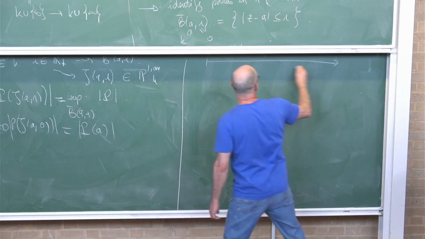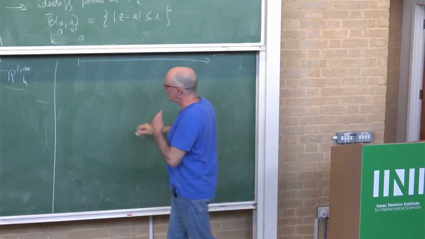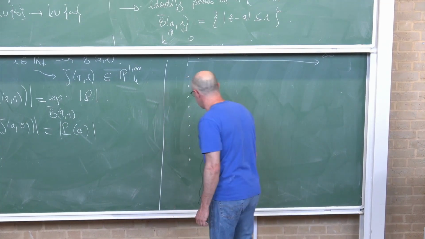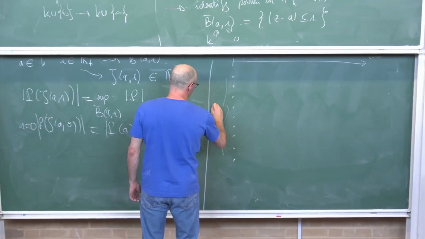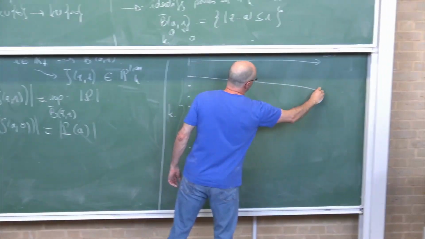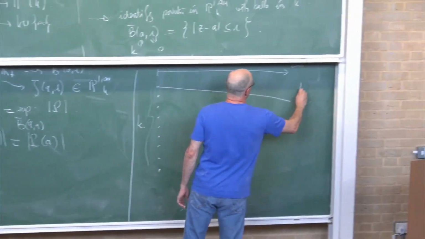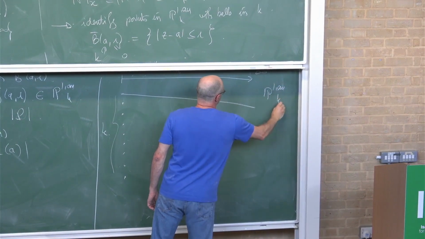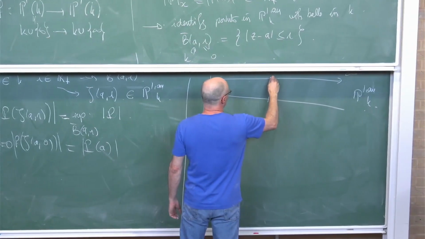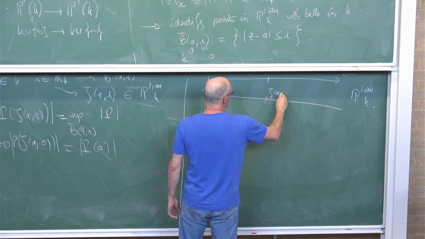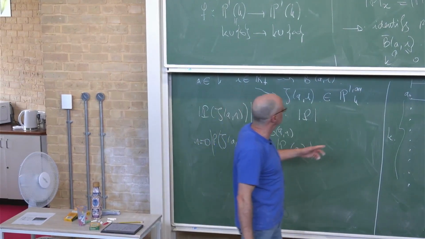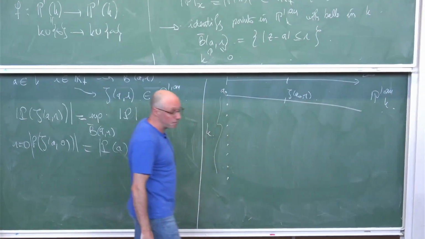You have 0, you have infinity, and here you have a set of points, which is supposedly K. And now you can draw a path like this inside the Berkovich identification. So if this is, I don't know, A0, and this is R, it's going to be the point corresponding to the closed ball centered at A0 with radius R.